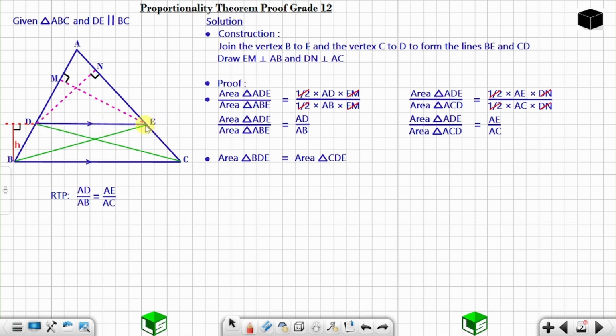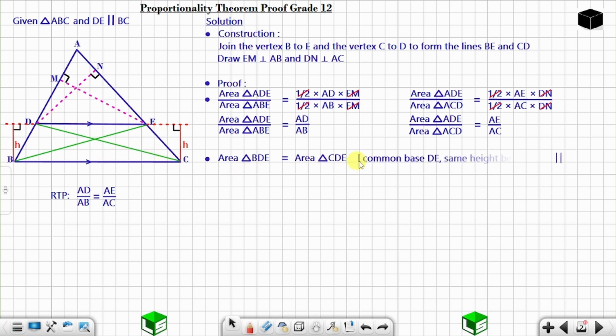If you extend the base like this, you are going to have this line perpendicular to the base DE. So this is the height. This height is equal to this height, and you have the same base. You understand? The area of this triangle is equal to the area of this triangle.